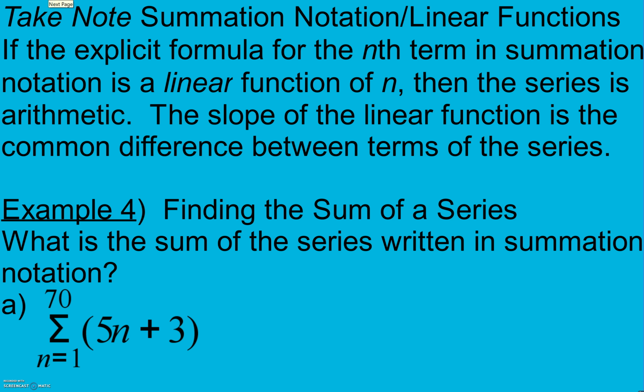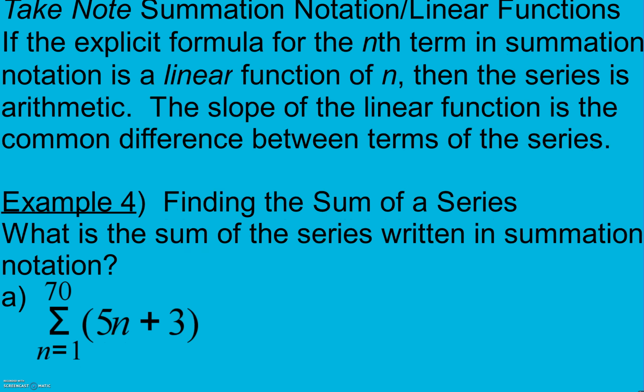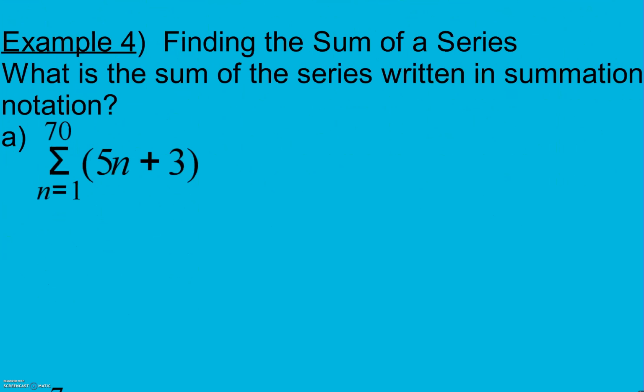Summation notation on linear functions here. If the explicit formula for the nth term in summation notation is a linear function of n, then the series is arithmetic. And we can use our formula from the first take note in this section to find the sum. The slope of the linear function is the common difference between terms of the series. And on the last couple, when we put them in summation form, we saw that.